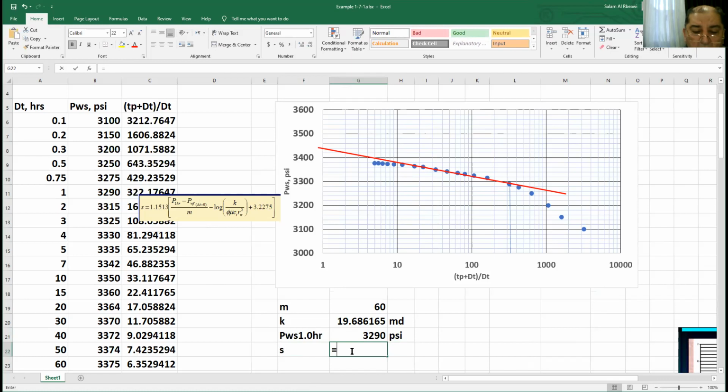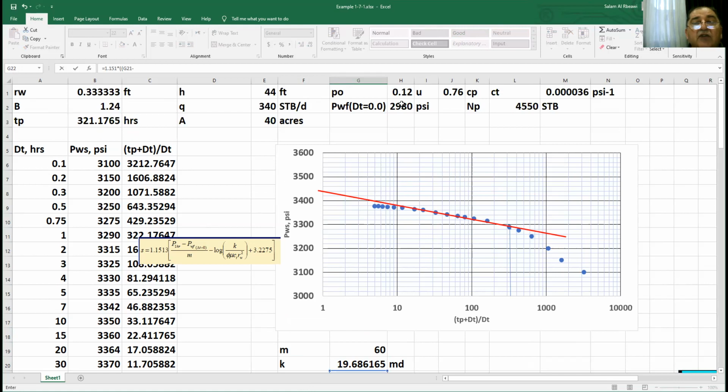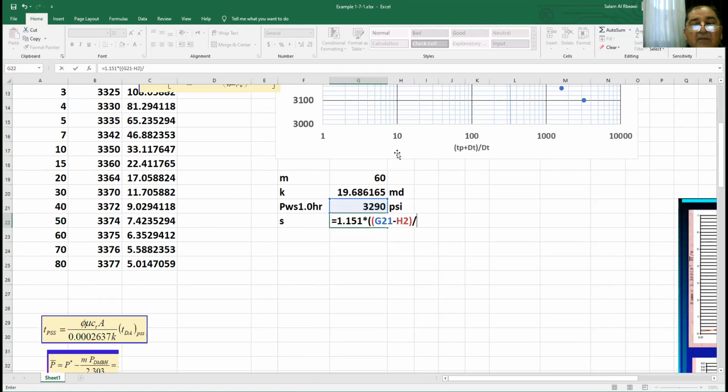S, that is 1.151 times what? Times the pressure at 1 hour minus the pressure at the moment of the shut-in, it is given to us, divided by the slope here, minus log of what? Log K, divided by what?